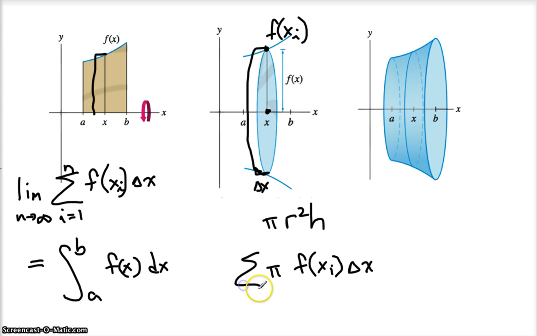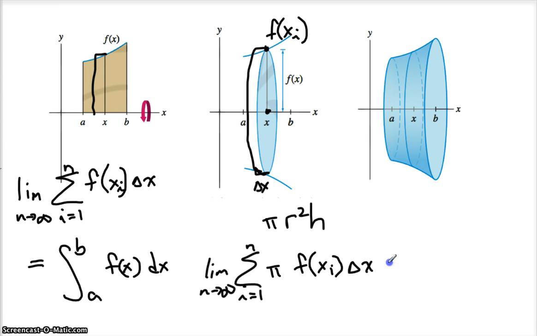Well, if we were to sum up all of the discs, starting from i equals 1 to n, and then take the limit as n approaches infinity, we get the exact volume of the solid. And I have a picture here, the solid generated by revolving this region here about the x-axis.